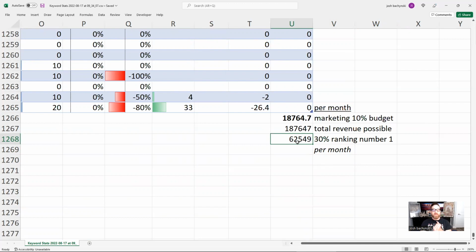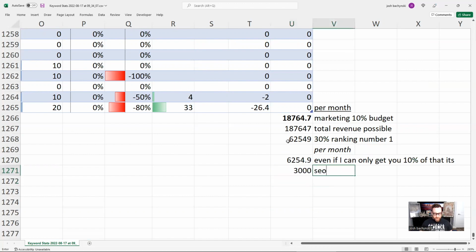And if you want to be conservative and say, let's say I can only get you 10% of that. Even if I can only get you 10% of that, it's, of course, back down to $6,000 a month. Your SEO, then we'll say $3,000 for SEO costs per month, and then that's your budget.